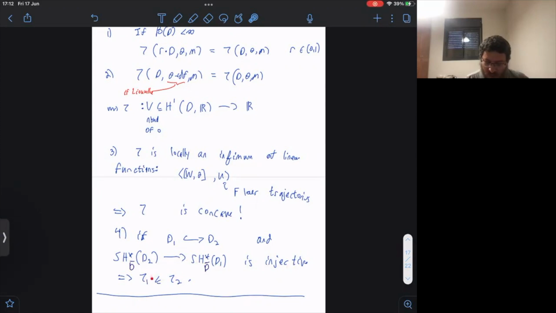Then you can deduce that the deformation invariant, like tau of D1, is less than or equal to tau of D2.